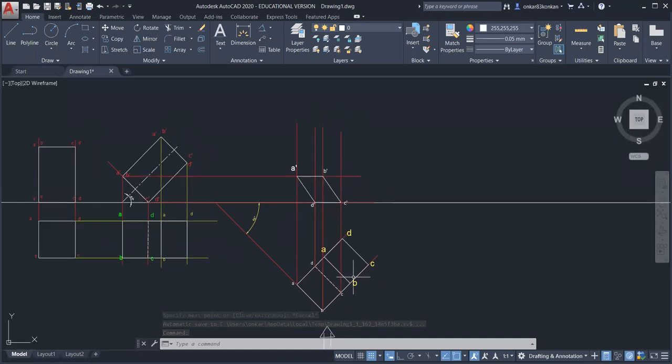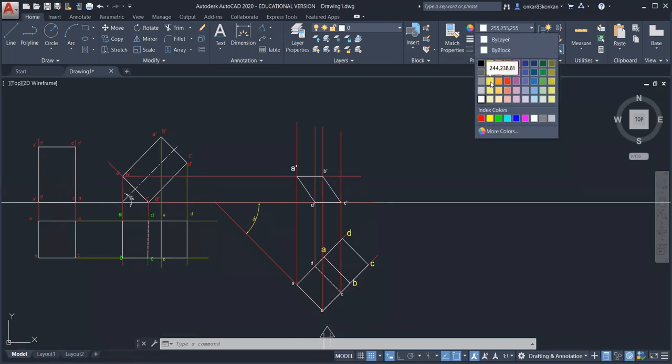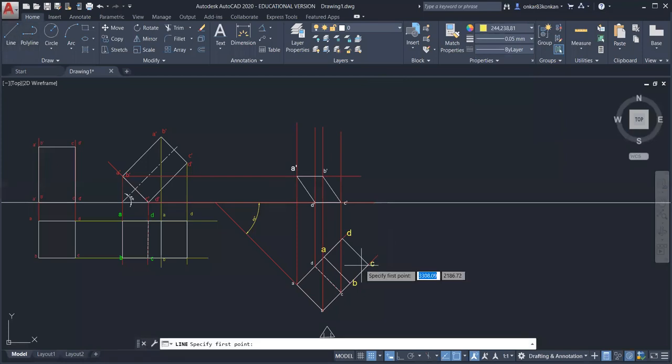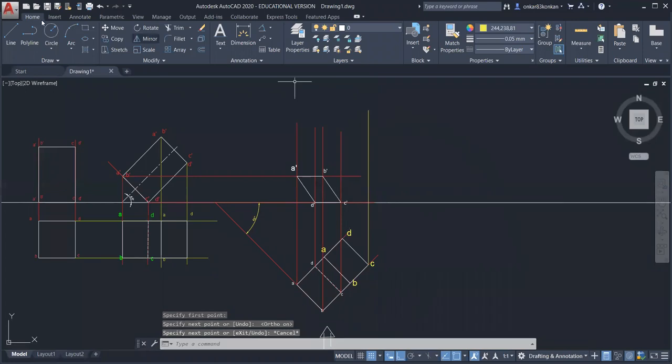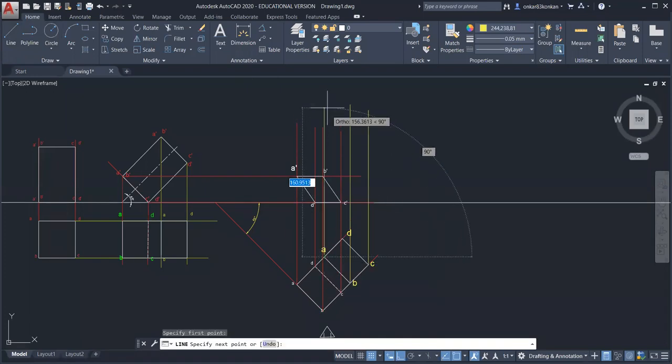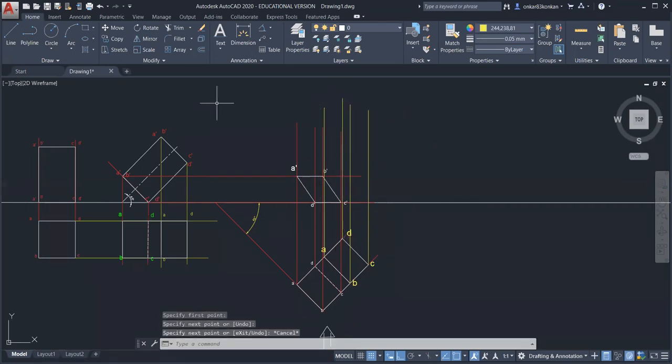Now next, try to find out the intersection for the top base. So take the projections. And similarly, take the projections from the front view.